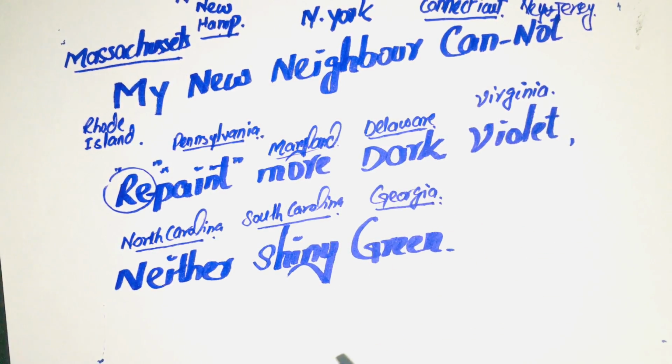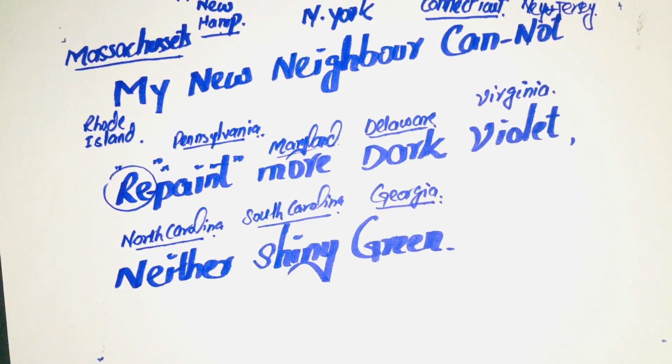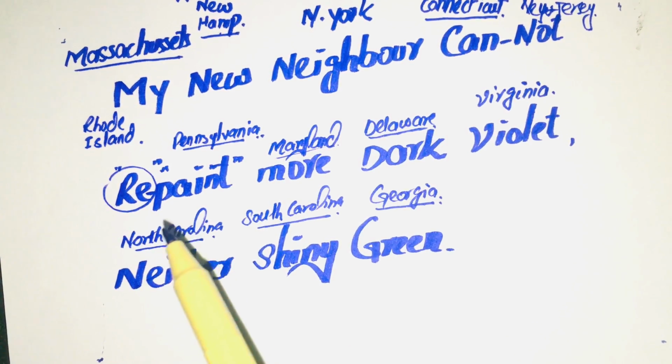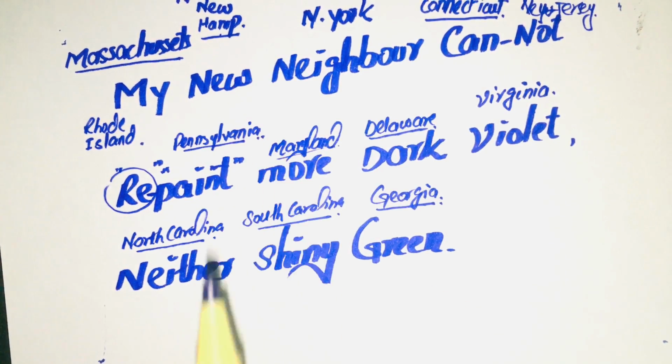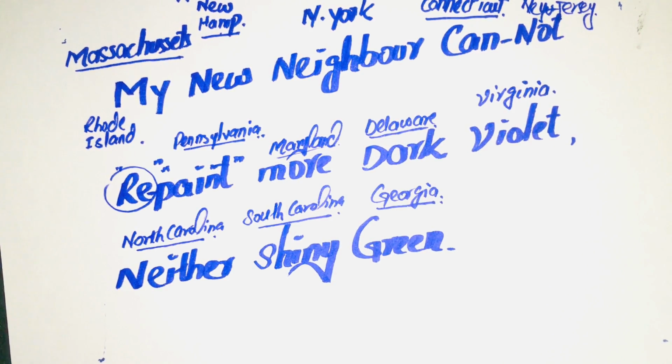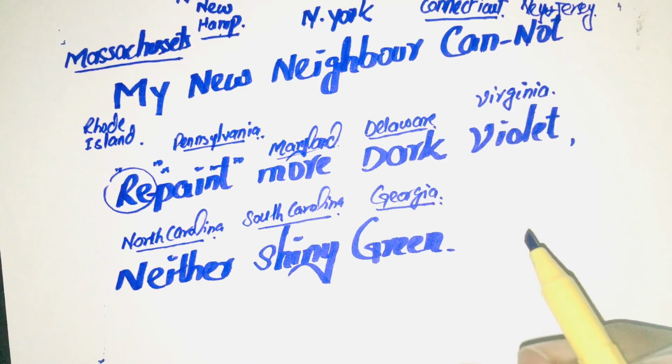So this is a technique to remember the 13 colonies. If you count, these are exactly 13 in number. And if you want me to tell you what is the right way to remember these colonies, I will tell you here.